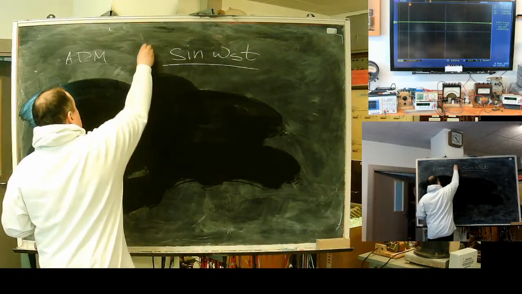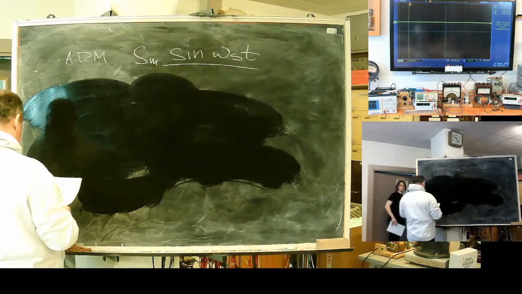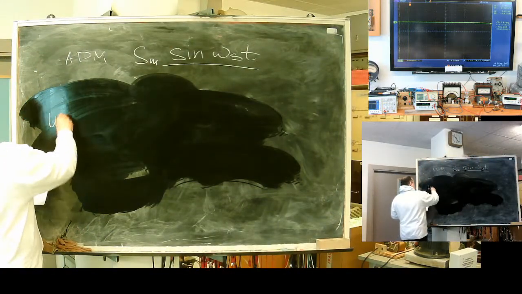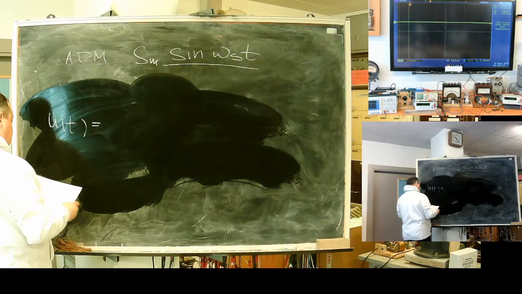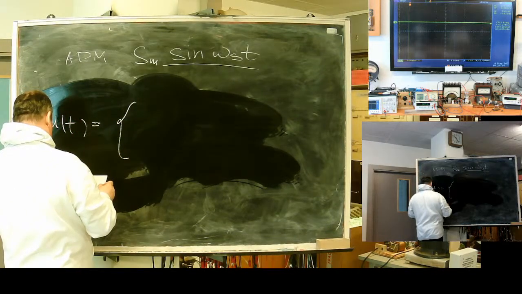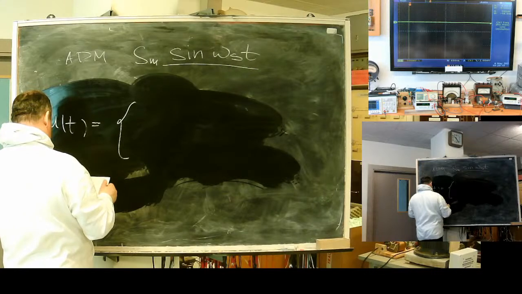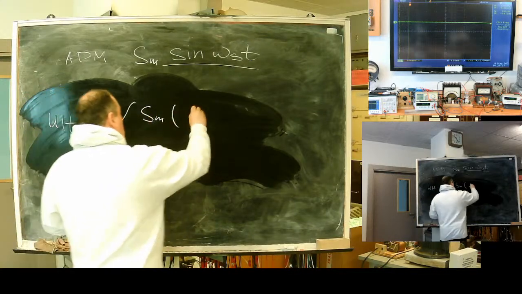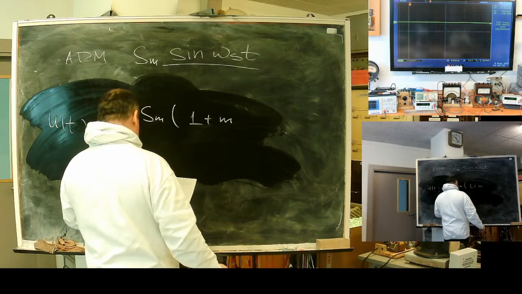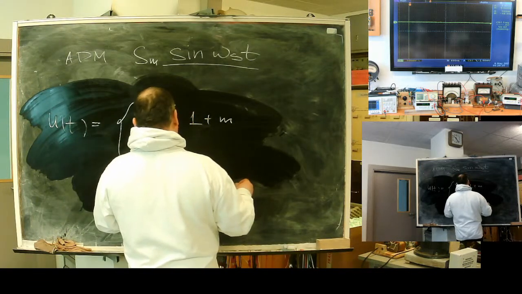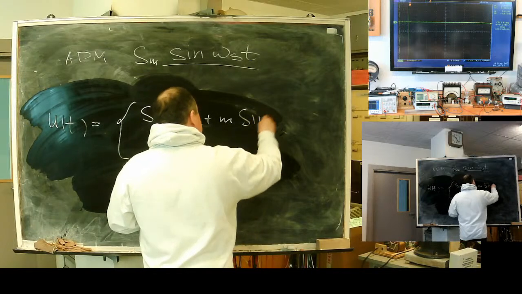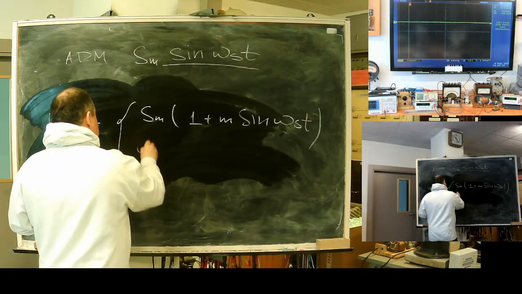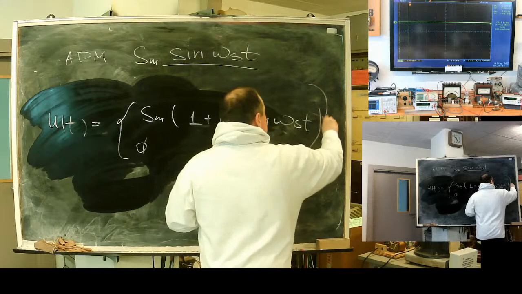So I have something like S max sine, and the common signal will be S max times 1 plus modulation depth sine omega s t, and 0.